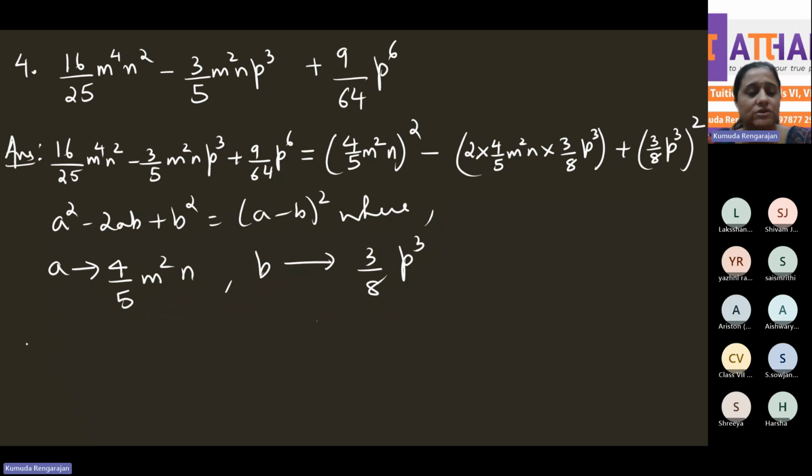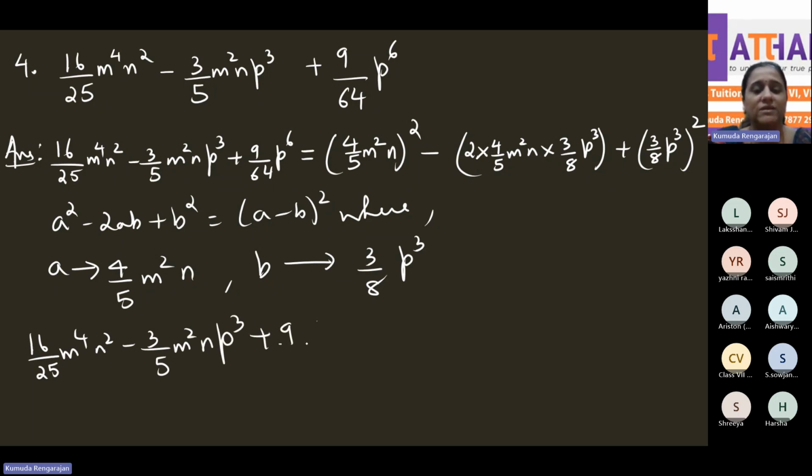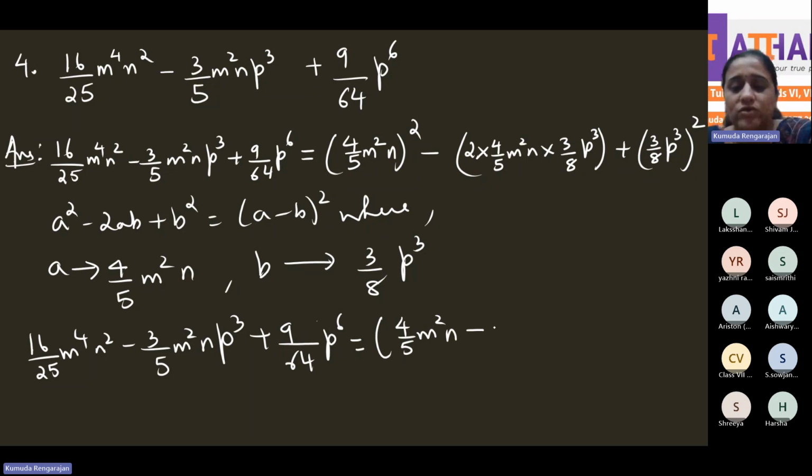So the given expression can be written as 4 by 5 m square n minus 3 by 8 p cube, the whole square.